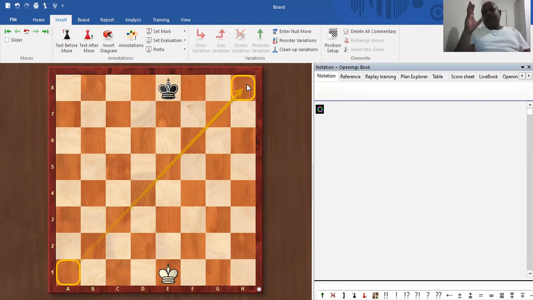Now, let's think about, for example, the Cartesian plane, and we think about the x and the y axis. So think about the file as being the y axis, and the rank as being the x axis.